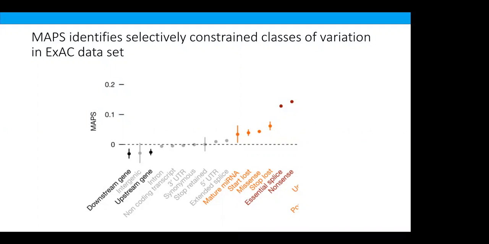Also, if you're looking at a specific sequence context, for instance, splice donor or acceptor sites, you might see differences in the proportion of singletons that are driven by mutability and not necessarily by strength of selection. So I'll use the mutability adjusted proportion of singletons here. As you can see, any elements or any classes of variation that are under stronger purifying selection will have in general higher MAPS, and synonymous sites are set to be 0 because that's what we use to fit the model.